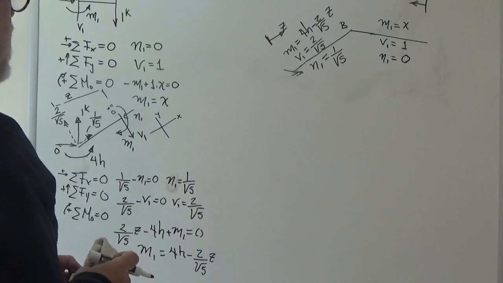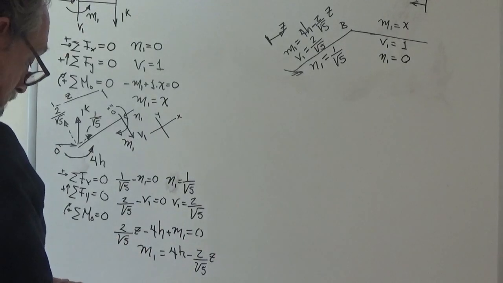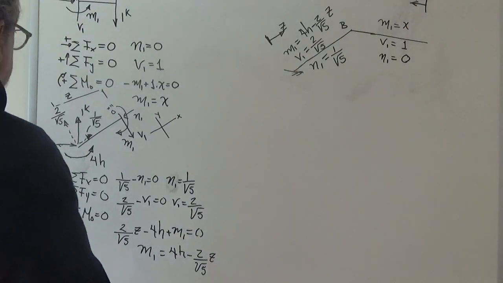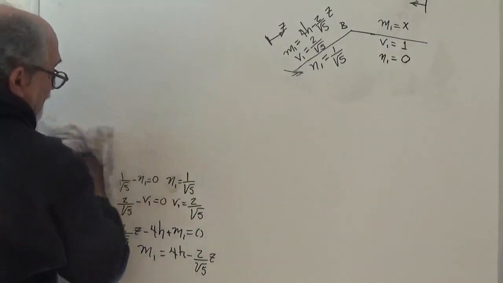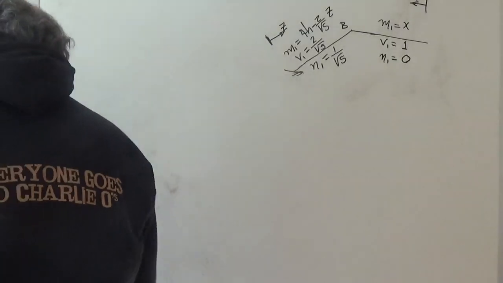That's it. Now we need to do exactly the same thing using the loading condition. So I have to erase this stuff best I can. Clean it up a little bit.